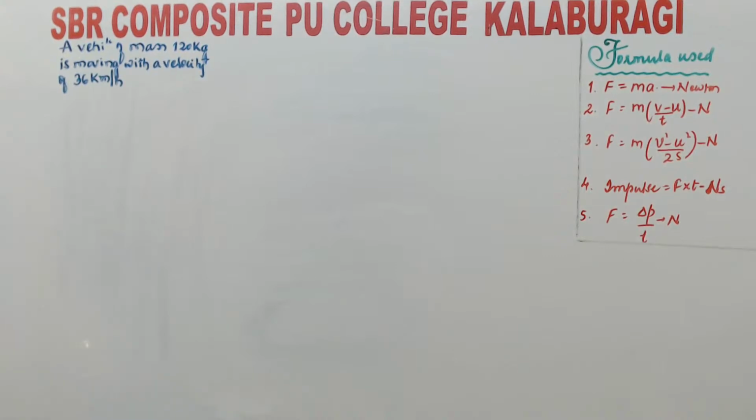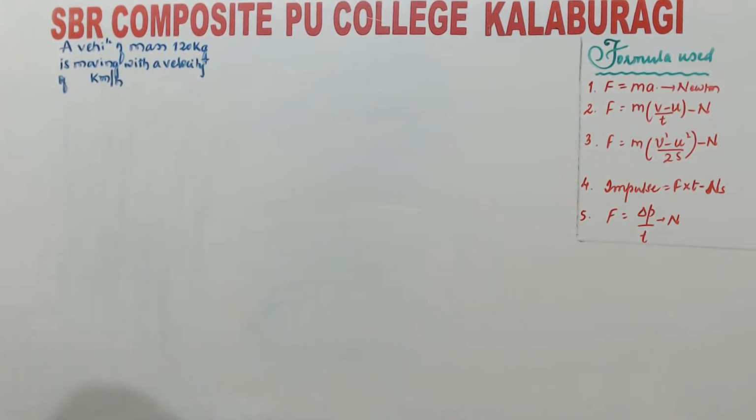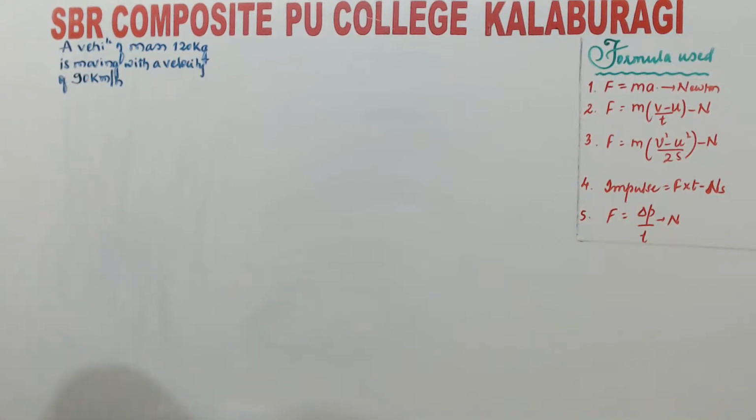Or you can also use the value given here, 90 kilometer per hour. You use this value over here: 90 kilometers per hour.